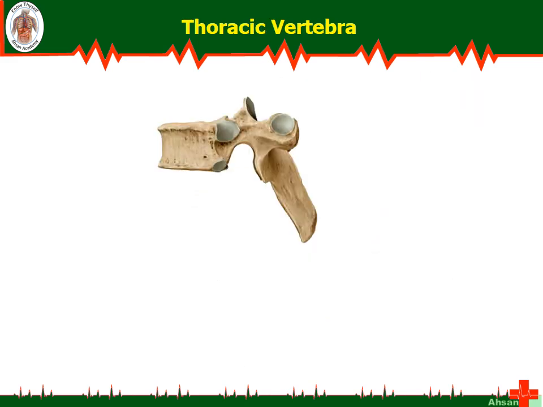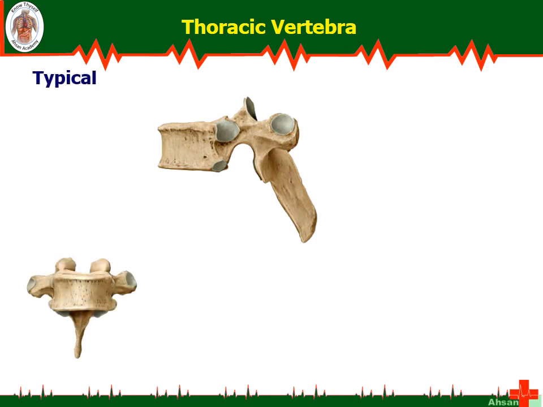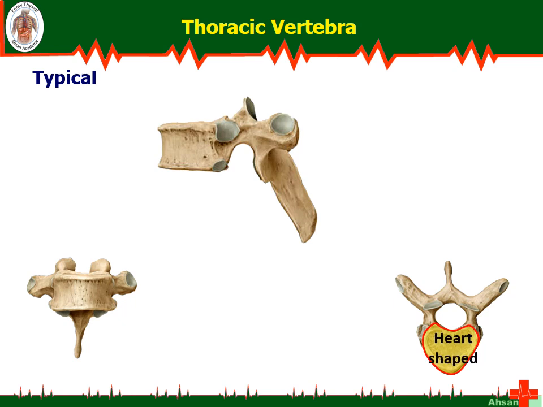You can see the typical thoracic vertebra from the side, and this is from the front. That means the student is on the back, and this one we are observing from the superior aspect. So from these three views, every part of the typical thoracic vertebra is clearly visible. The rounded red line and the color indicate the upper surface of the typical thoracic vertebra, and this is heart shaped.